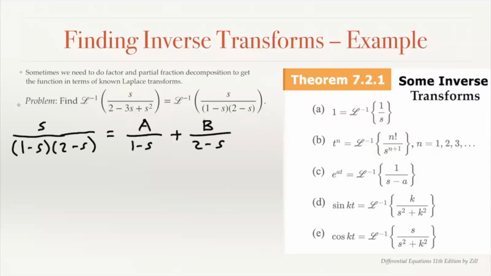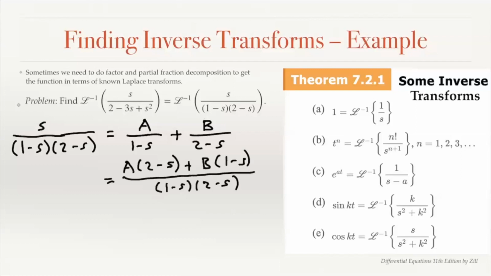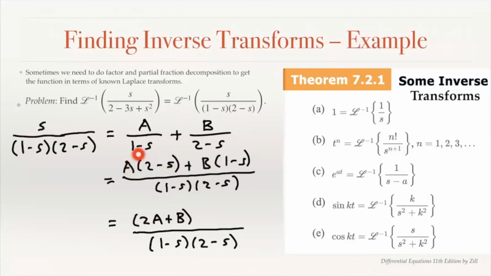What we do is we combine the fractions. So that's a times 2 minus s plus b times 1 minus s, all over 1 minus s times 2 minus s, finding a common denominator. And then we gather together the constant and non-constant terms. So the constant term here is 2a plus b, and the non-constant s term, that's negative a s minus b s.